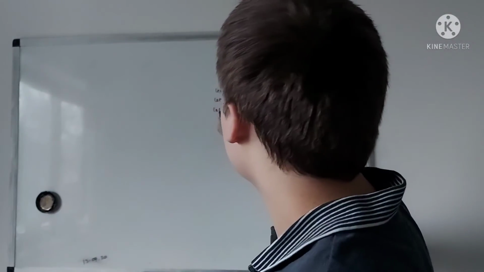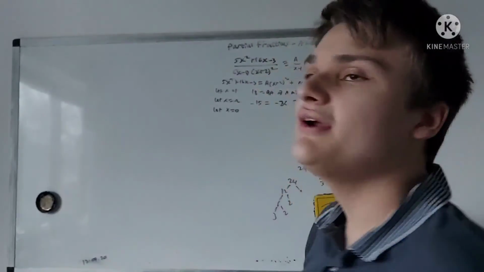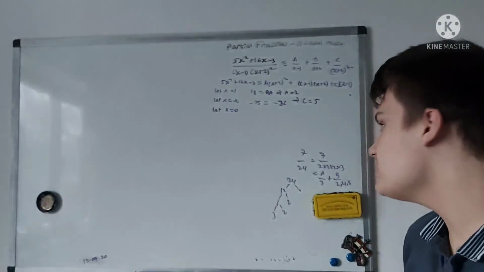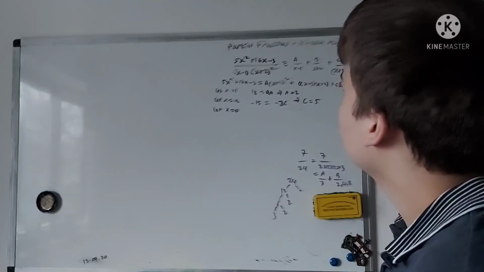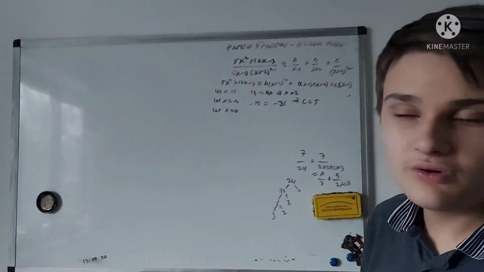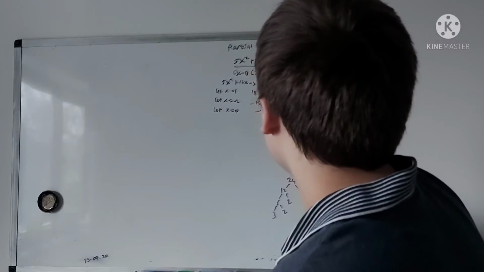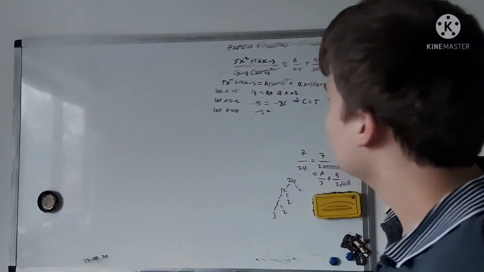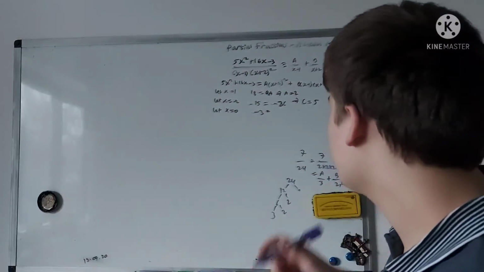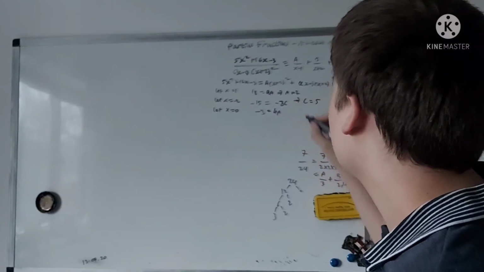Then you might think, well, why am I letting x be 0? Well, if I let x be 0, I can find out all the rest of these terms. So I get minus 3 is equal to 0 plus 2 squared, so we get 4A.